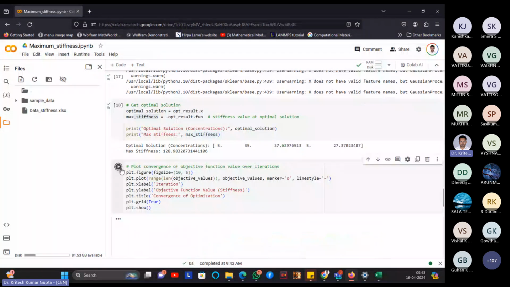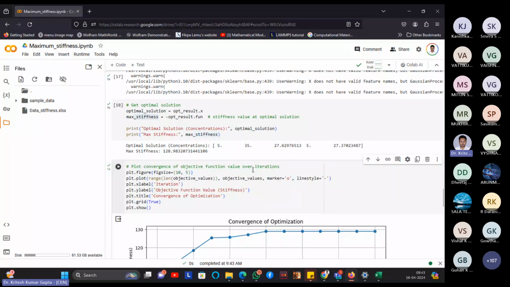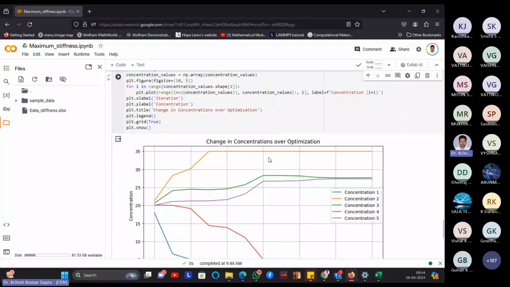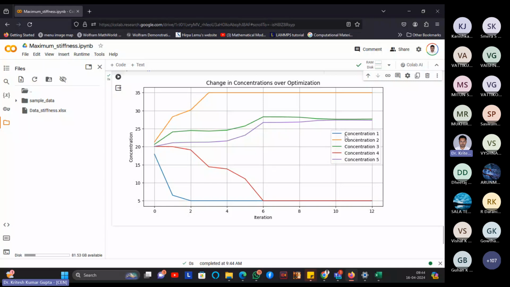Okay, so if you want to plot what is happening iteratively: at the first iteration, or zeroth iteration, the stiffness was 70. And as you can see, the stiffness is increasing iteratively, right? With this increase in stiffness, we can see the corresponding concentrations over here. Concentration 1 is for aluminium, concentration 2 is for nickel, and so on.